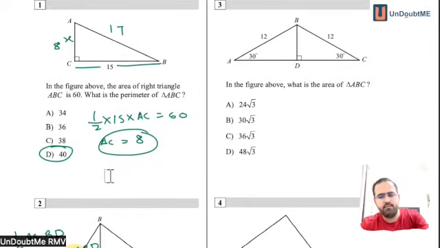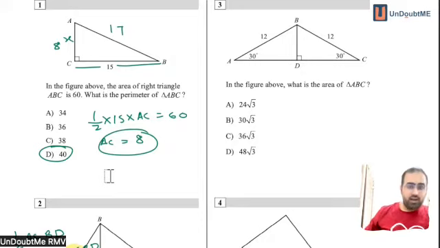Third one. Area of triangle ABC. If you remember that vector concept which I told you, you can do it faster.